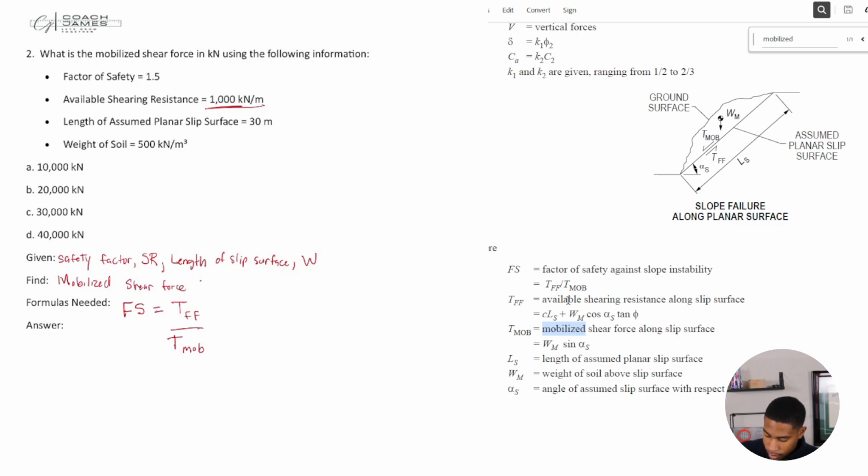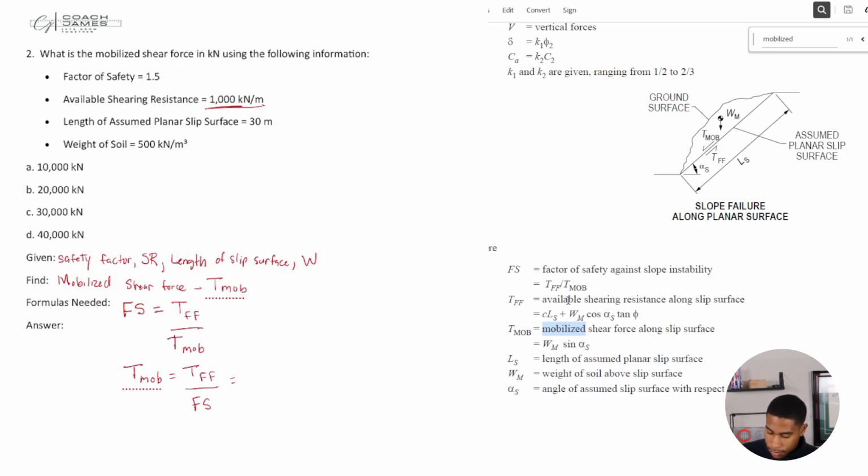And we are trying to find T mob. So T mob is equal to TFF. I'm just moving it around so that I can just plug and be done.